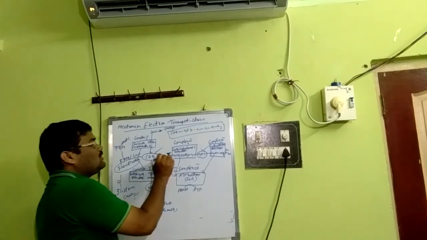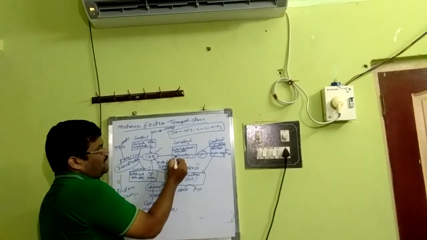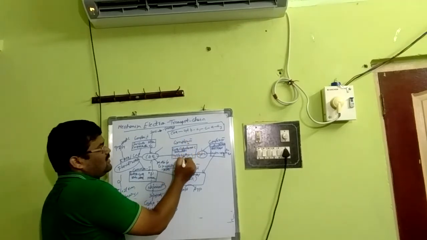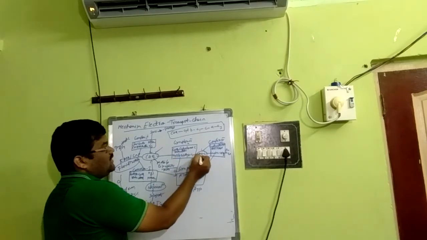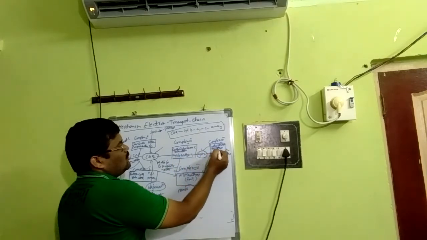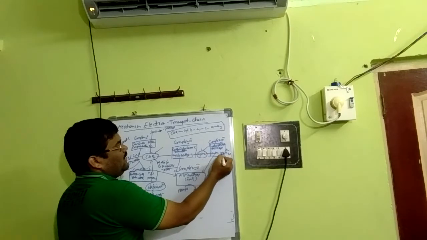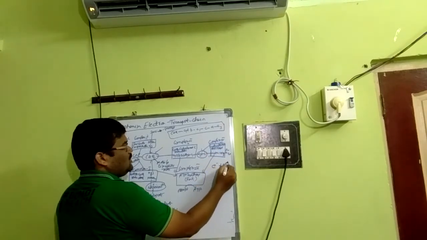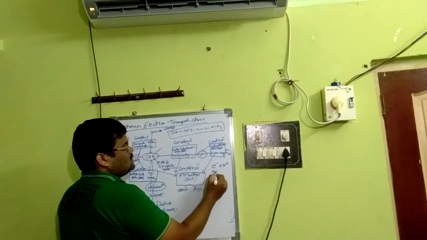Then it will pass it on to cytochrome B, which means complex 3, called coenzyme Q cytochrome C reductase. Then iron sulfur protein, then cytochrome C1, then cytochrome C, then cytochrome oxidase complex 4, cytochrome A3, ultimately H2O. That means electrons plus protons plus molecular oxygen lead to H2O.